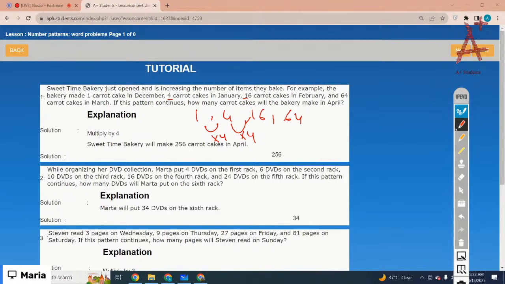So 64 times 4 is 256. So in April they will bake 256 carrot cakes, right?